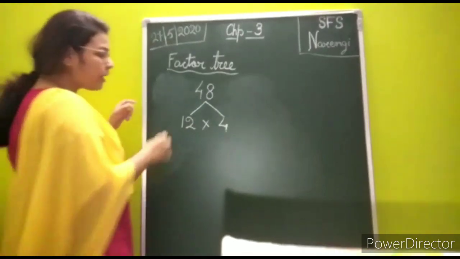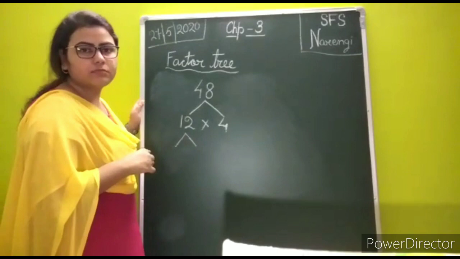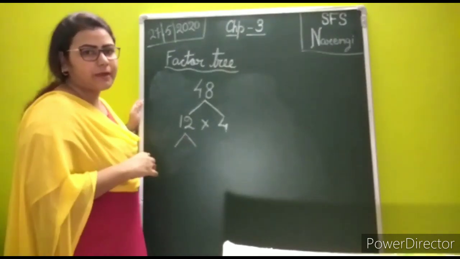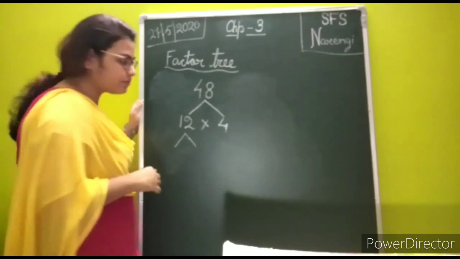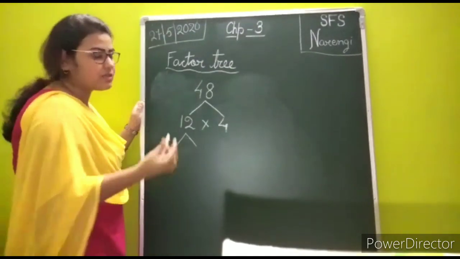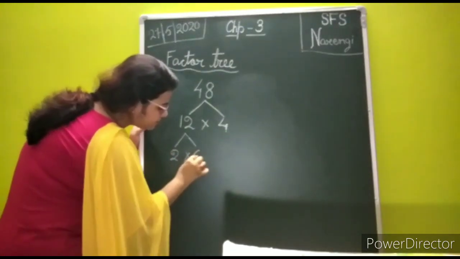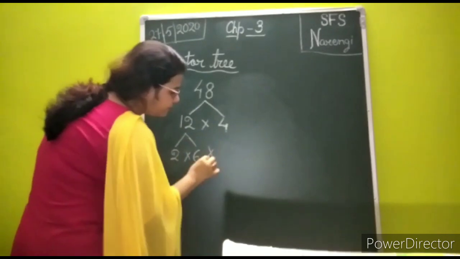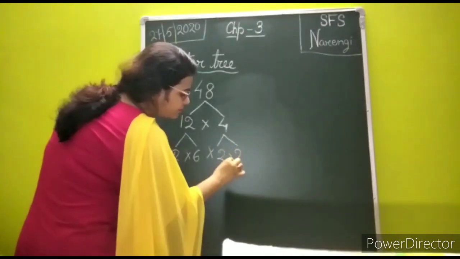Now, again 12 is divisible by what? The easiest one that we think of is 2 into 6. This into sign will come. 4 is again divisible: 2 into 2.